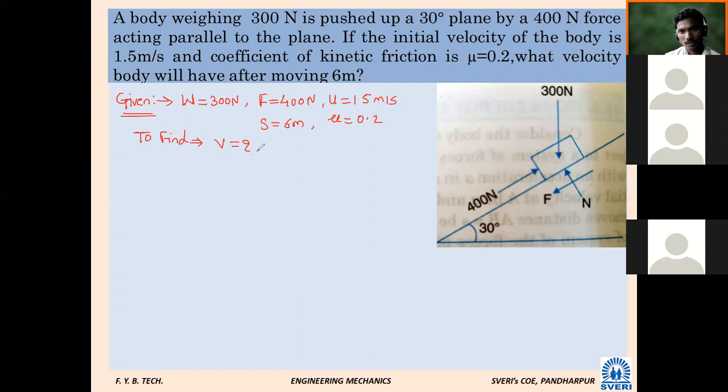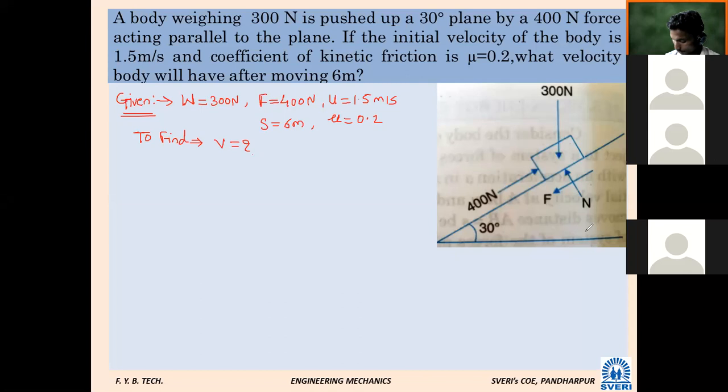But the body is not at rest, or on a horizontal surface. It is on an inclined surface, so that inclination angle of 30 degrees is there.